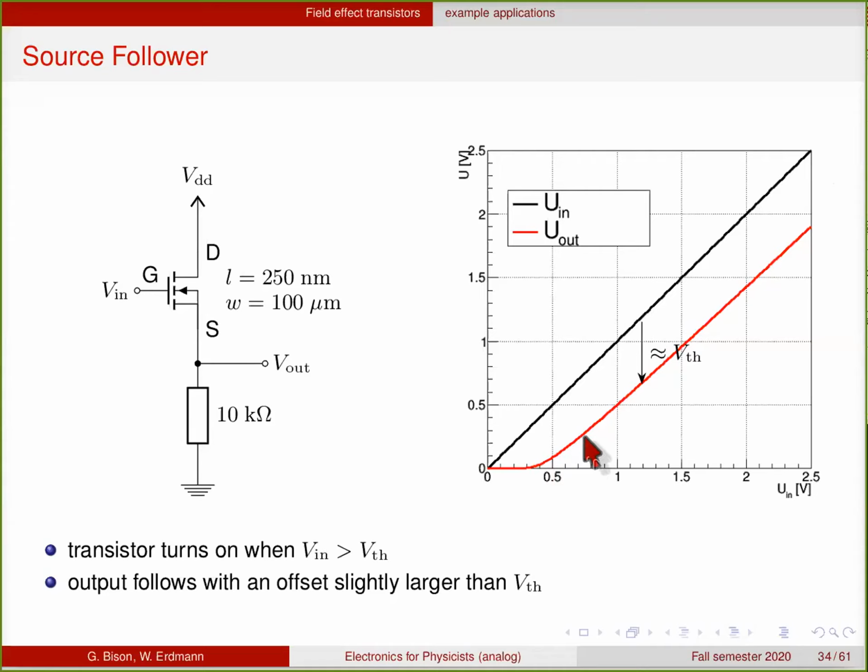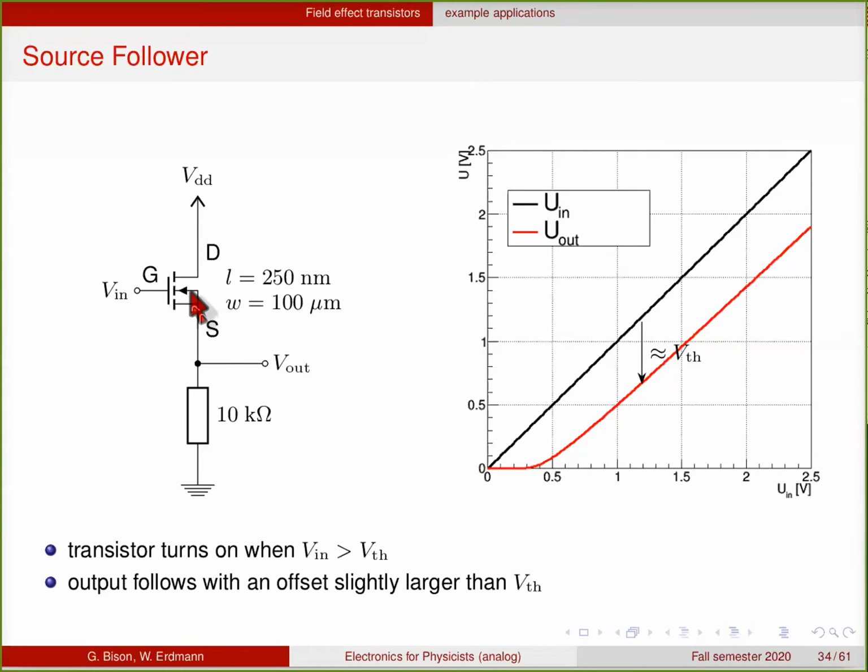And after that, it follows almost linearly with an offset that is slightly larger than the threshold voltage. So this behavior is very similar to what you get with the NPN transistor, with a bipolar transistor, maybe slightly less ideal. Now this transistor has the bulk connected to the source.